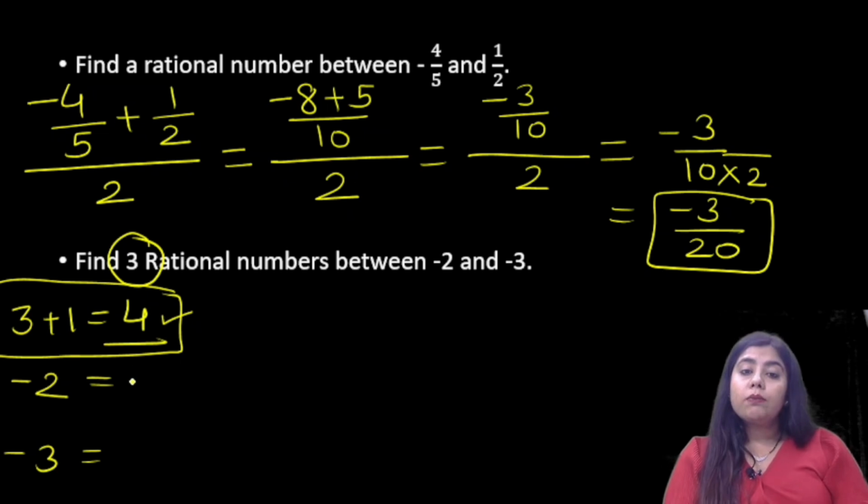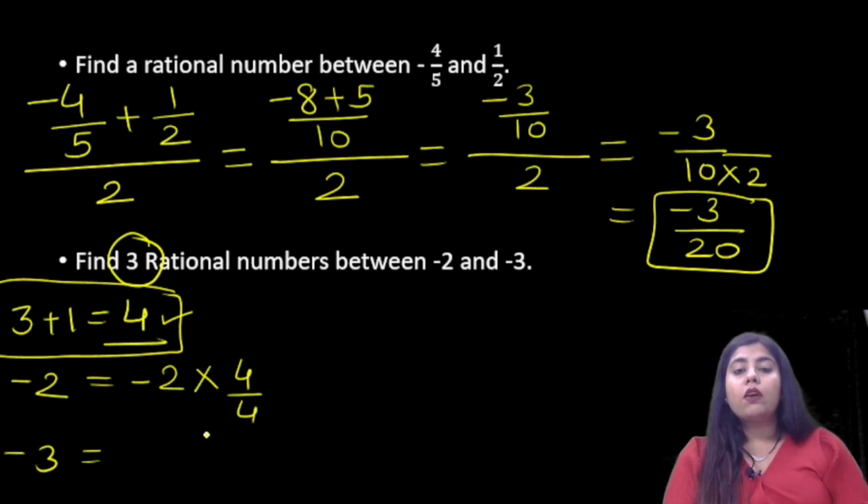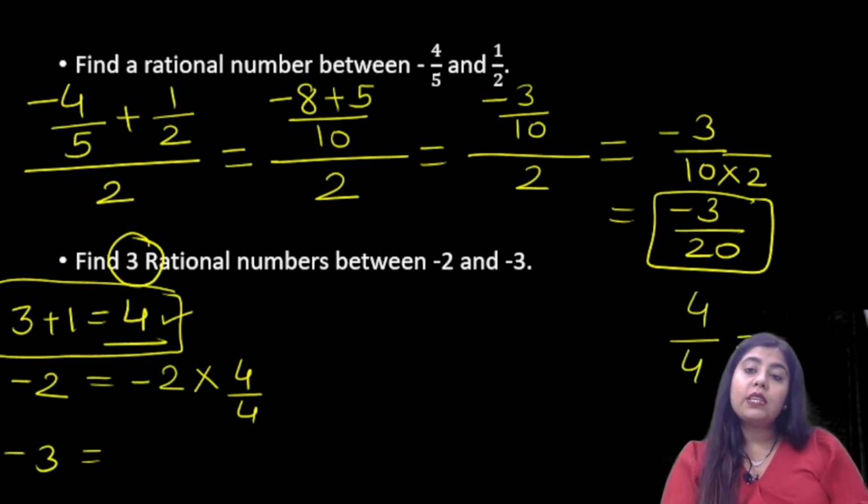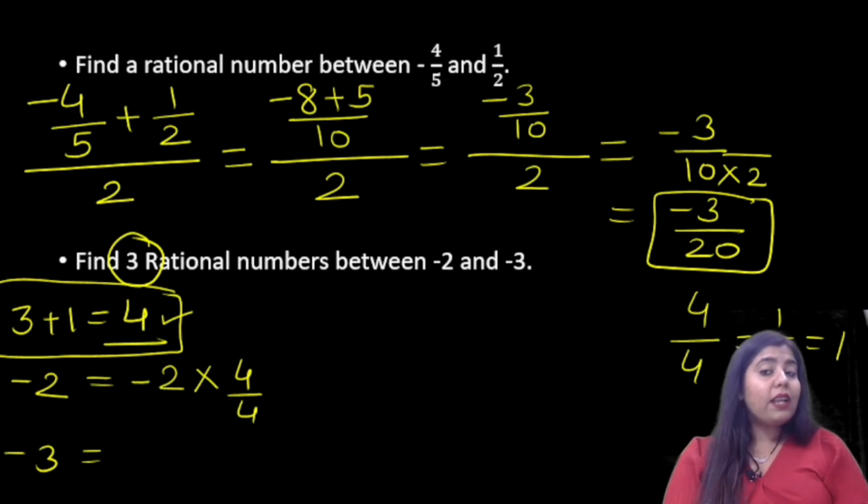Now we will write -2 multiplied by 4 upon 4. 4 by 4 is equal to 1 by 1. 1 by 1 means 1, and we know that if we multiply any number by 1, we get the same number. So we can do this.